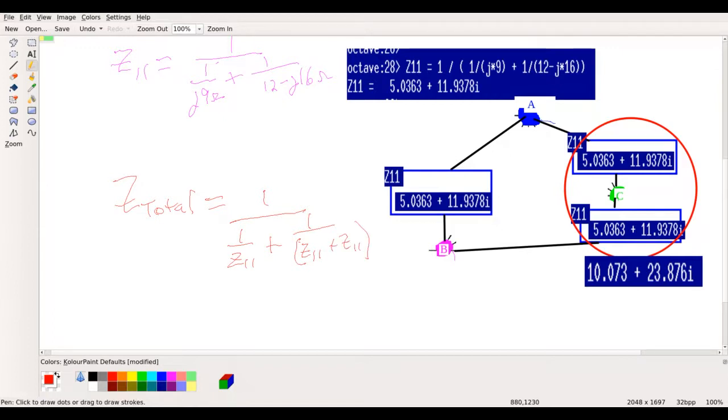Okay. Or we could do a little algebra here and just say 2 times the Z parallel. Okay. So if we calculate the parallel of those, we could get Z total. So Z total is 1 over, and again, make sure you use your parentheses.